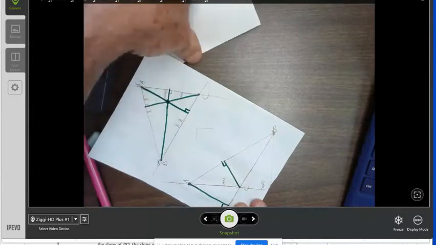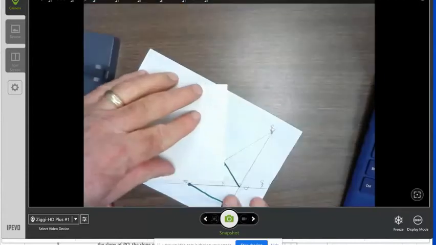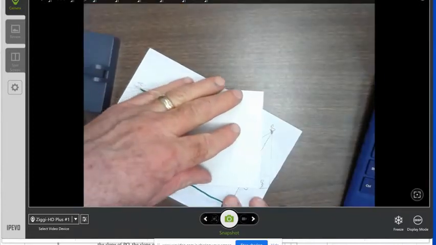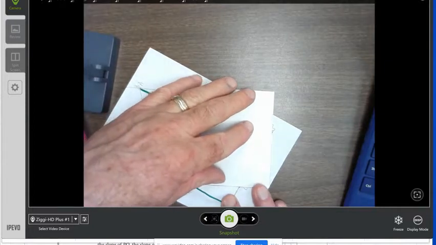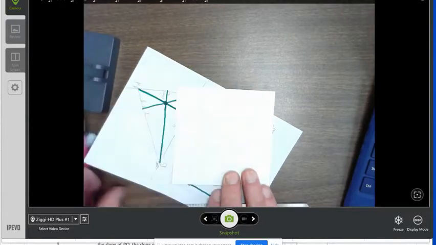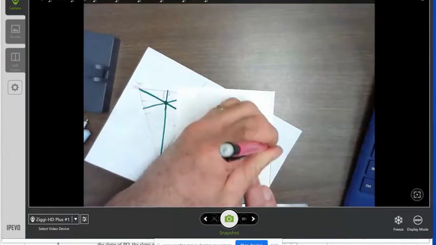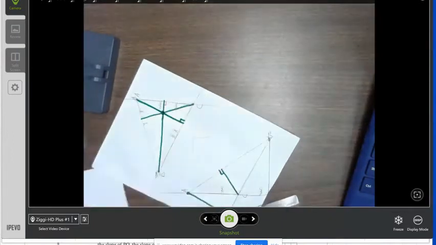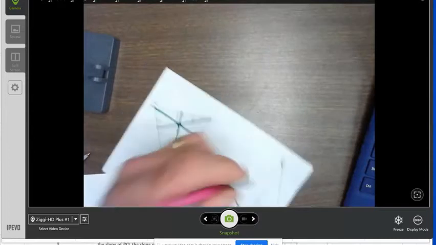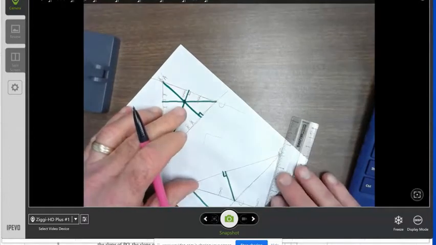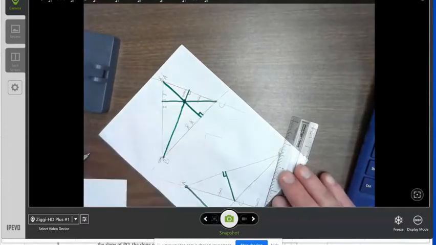Also, if I slide this card along AC, that'll force me to make a right angle here, and that looks good. So that altitude is actually off of my page a little bit.